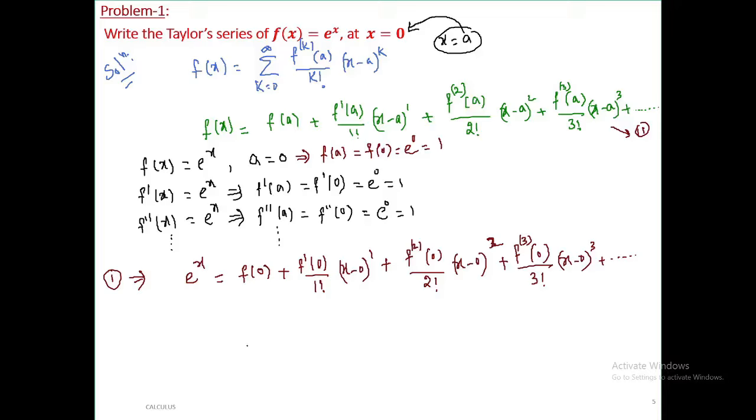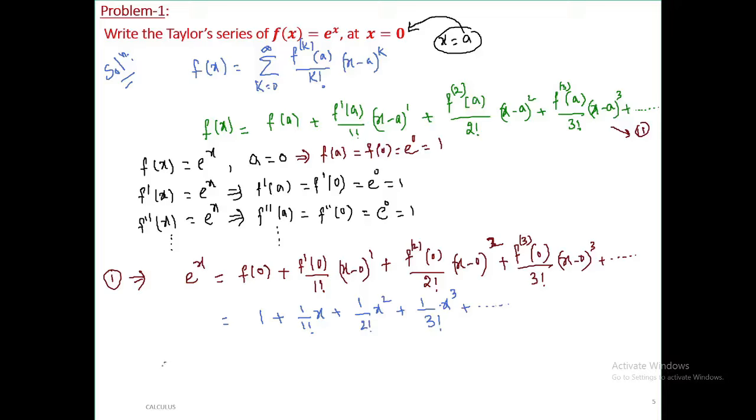Okay. Now substitute back all the values. So f of 0 is 1, plus f dash 0 is 1 by 1 factorial into x power 1 plus 1 by 2 factorial into x power 2 plus 1 by 3 factorial into x power 3. So this is what e power x expansion is, plus up to so on.